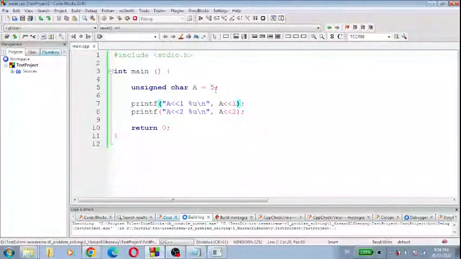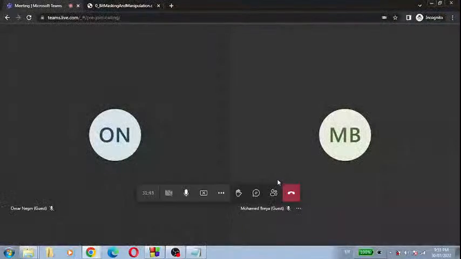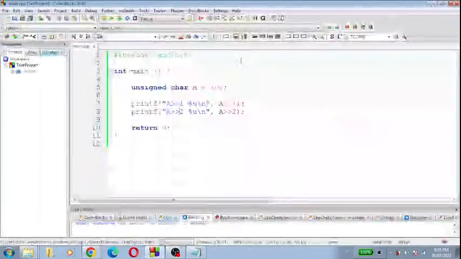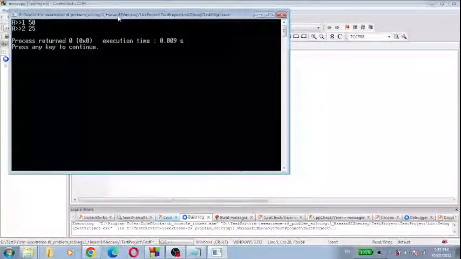Okay, so that's it. And also I'm going to say something. When I have a equal to 100, then I'm going to shift this right by 1 and shift this right by 2. Very good. Let's run this.